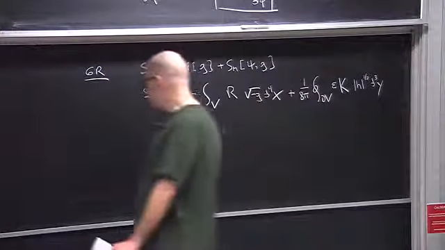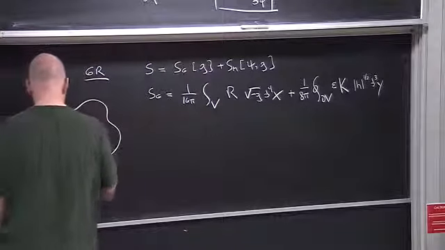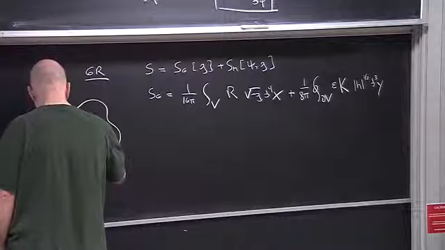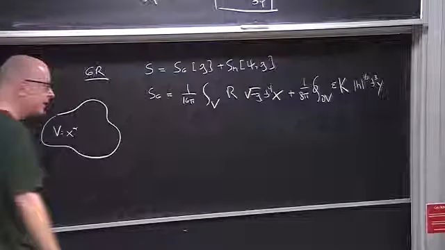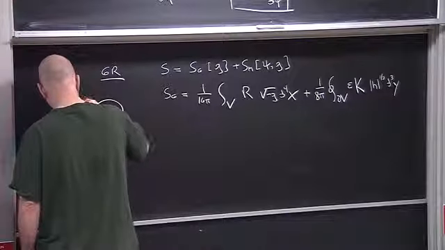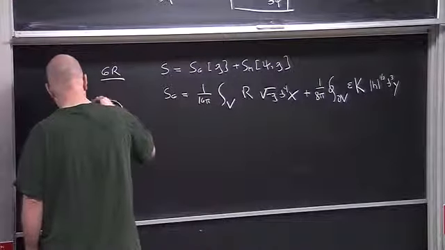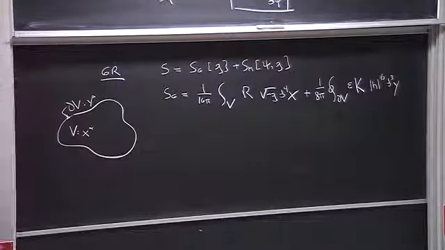So let me just define my terms. So we're still talking about V. And in V, I'm using space-time coordinates x alpha. On dV, which is the boundary of V, I'm putting in intrinsic coordinates y^a, and we're using here all the tools of hypersurfaces.